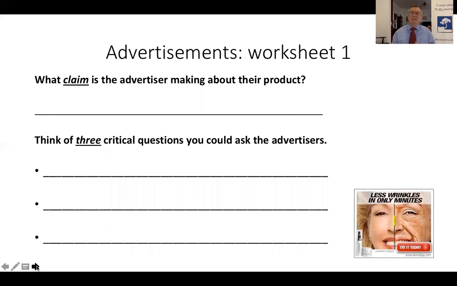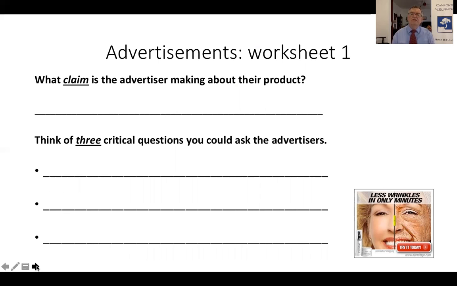I've come up with this worksheet that we could use with almost any advertisement, but you might want to write something more specific, more sophisticated, perhaps specific to individual advertisements. So what claim is the advertiser making about their product? Well, they're usually making a claim.